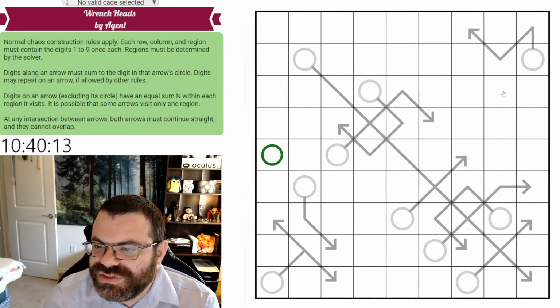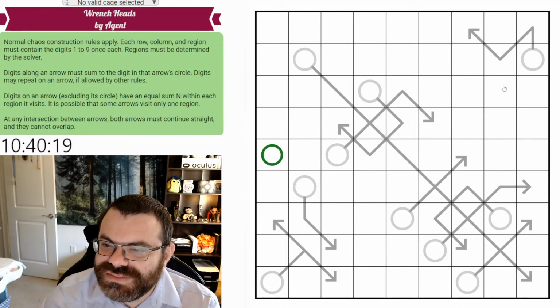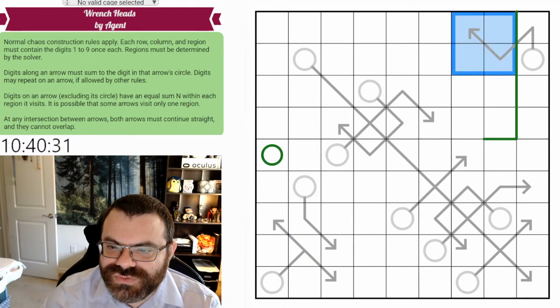Digits on an arrow, excluding its circle, have an equal sum n within each region it visits. It is possible that some arrows visit only one region. So let's say there was some sort of region boundary, where these cells were in a blue region and these cells were in an orange region.